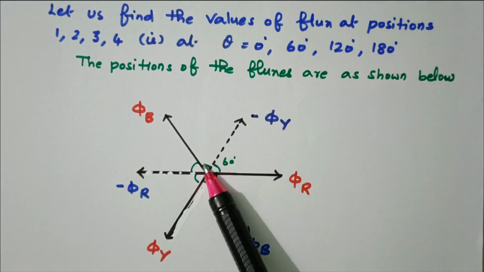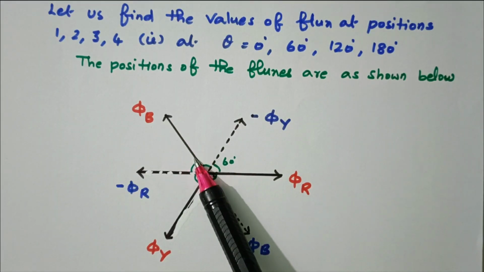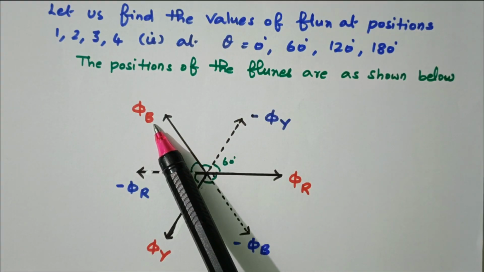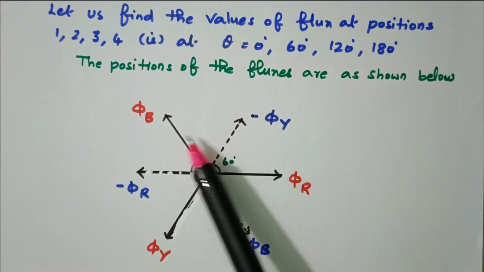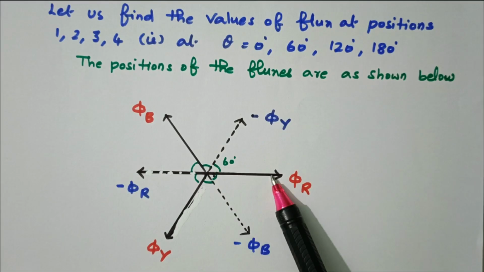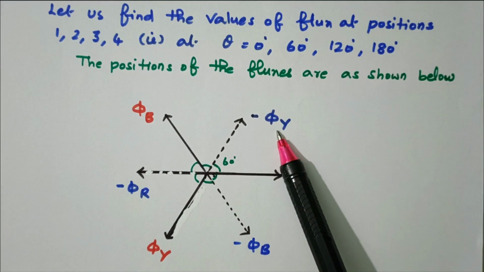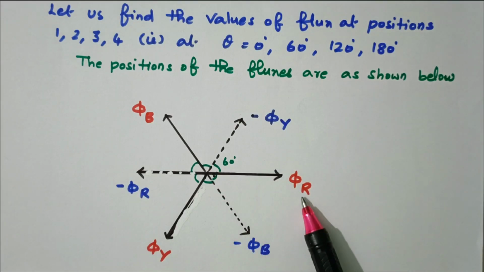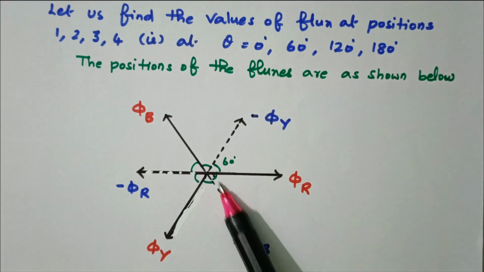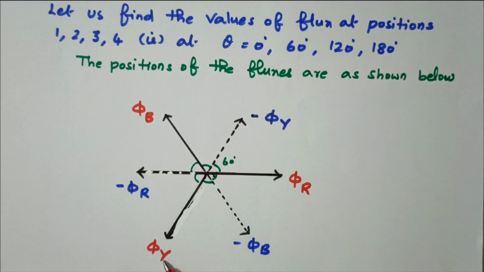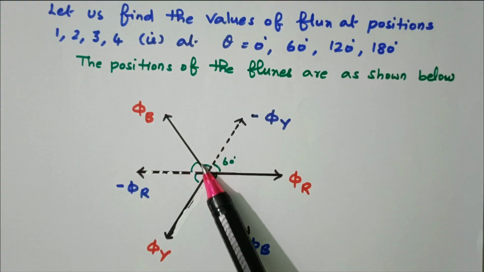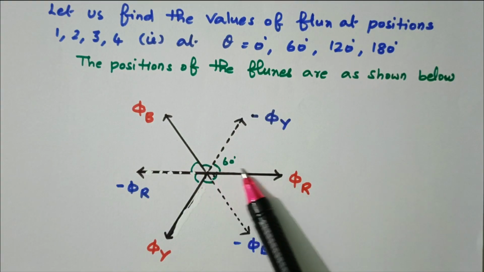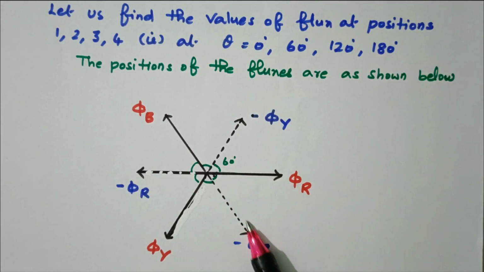So this is position 1, at 0 degrees: only pi B and minus pi Y. Position 2: plus pi R and minus pi Y. Position 3: plus pi R and minus pi B. Position 4: minus pi B and plus pi Y. Based on that, we are going to see all 4 positions, one by one.